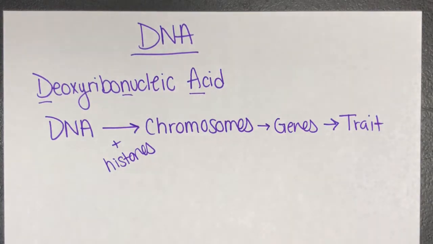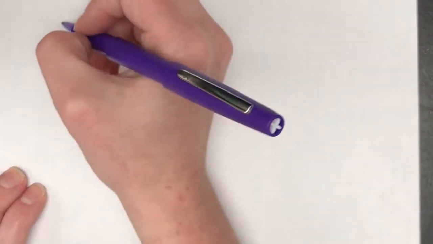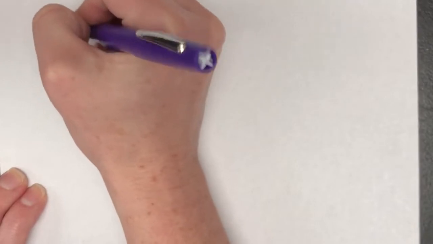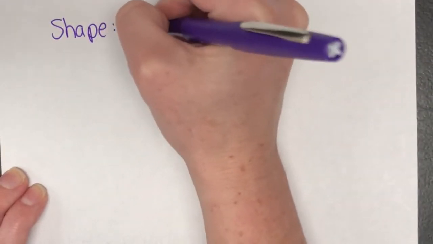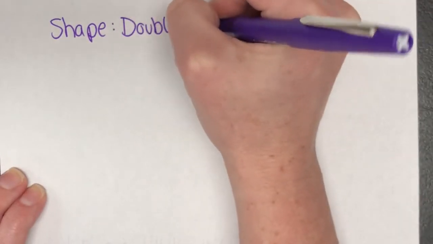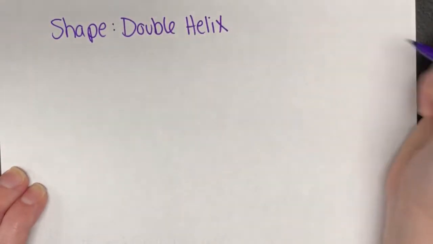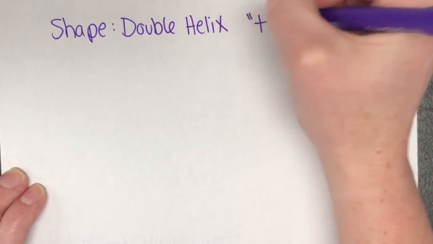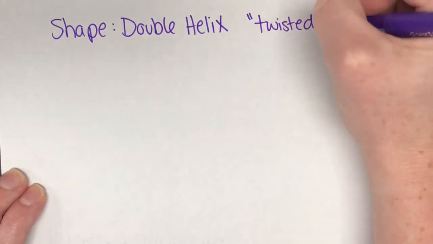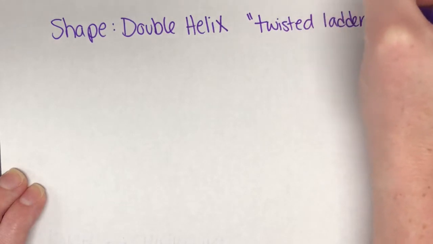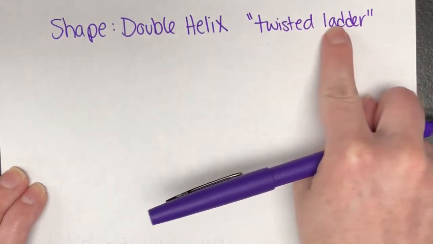Okay, so let's now talk about the shape of DNA. The proper name for the shape of DNA is a double helix. Sometimes you may hear it referred to as a twisted ladder. This is just a description.